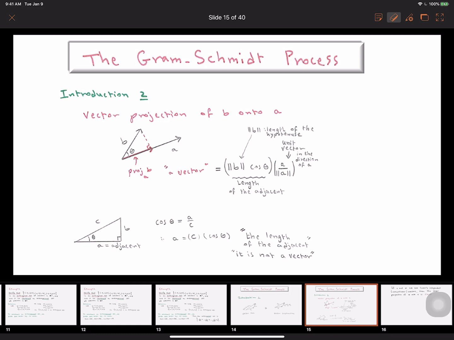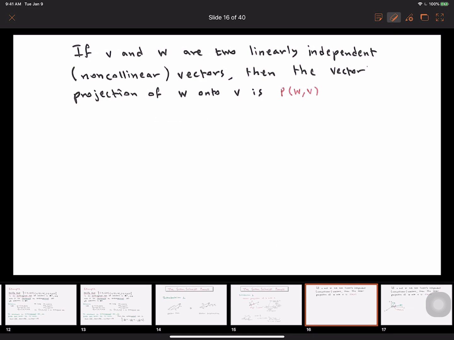Hopefully this was helpful as introduction, because we need it on the process of the Gram-Schmidt process. If V and W are two linearly independent, non-collinear vectors, then the vector projection of W onto V is being called PWV, as you could see from the notes.